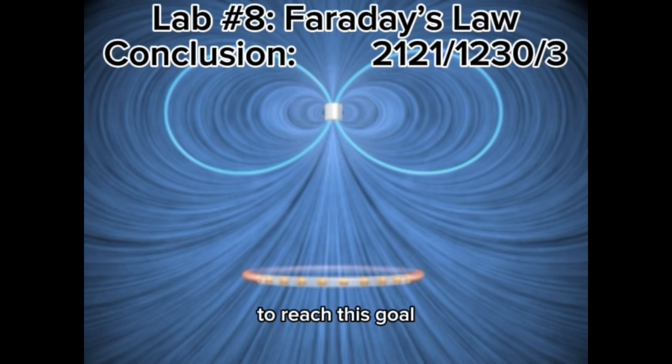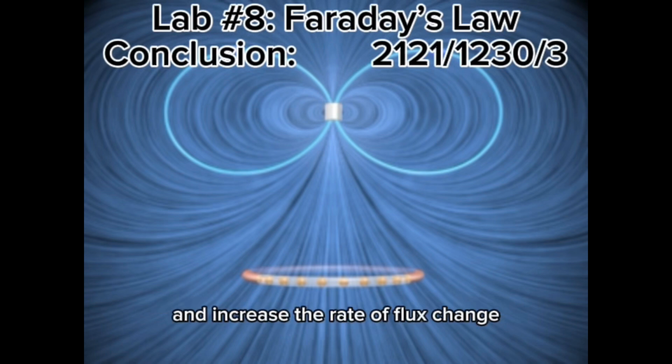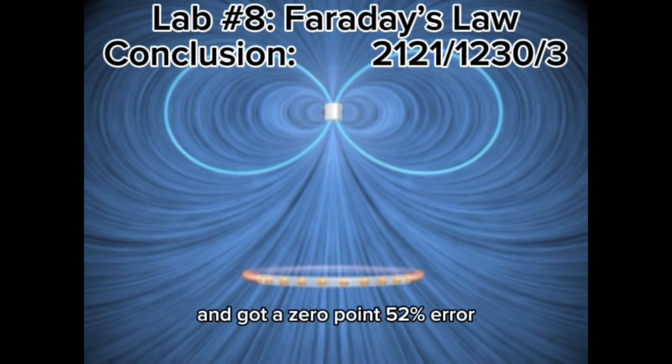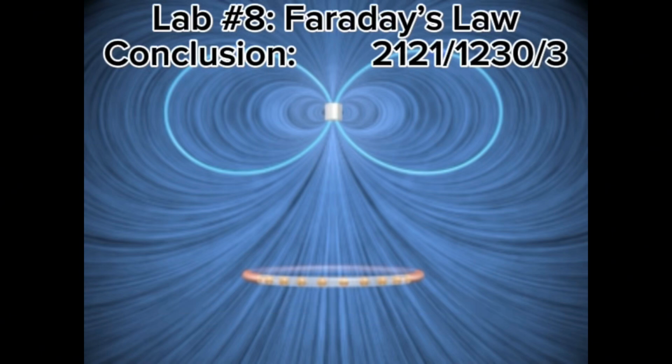To reach this goal, we chose to increase the drop height, which caused the magnet to move faster through the coil and increase the rate of flux change. After adjusting the height, we were able to reach the target 20% increase and got a 0.52% error from our experimental to the calculated values.